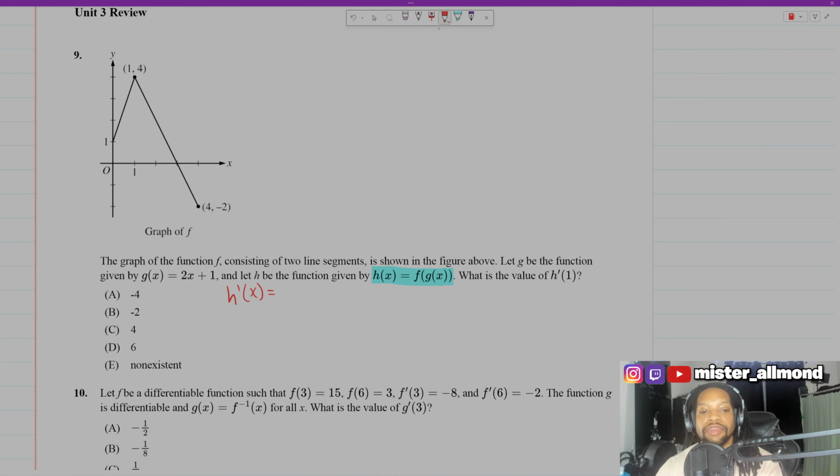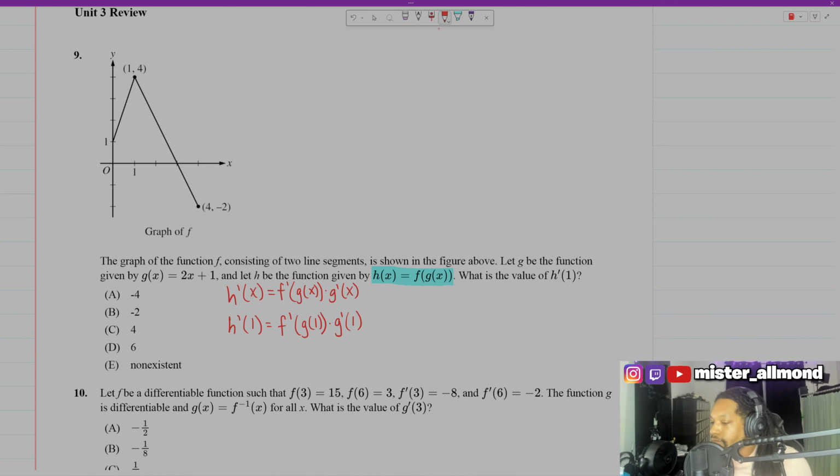So the derivative would be f prime of g of x times g prime of x. That's just straight up chain rule. From here, I can replace all my x's with 1s. So h prime of 1 equals f prime of g of 1 times g prime of 1.